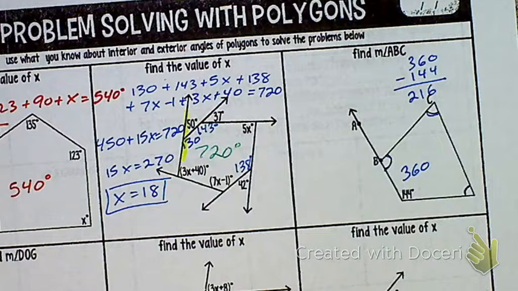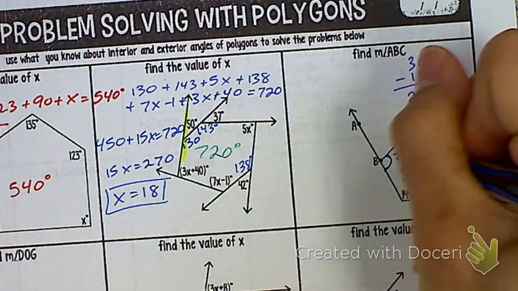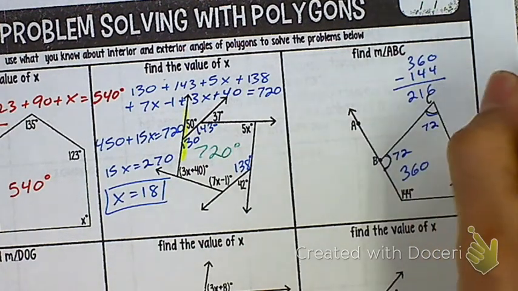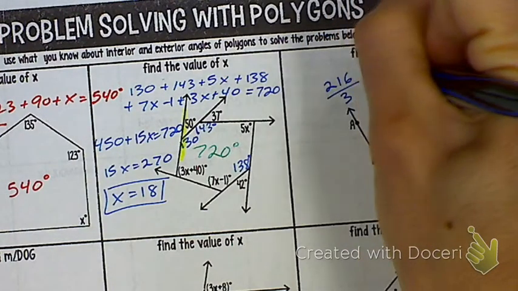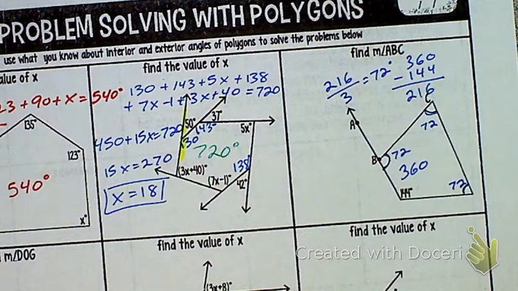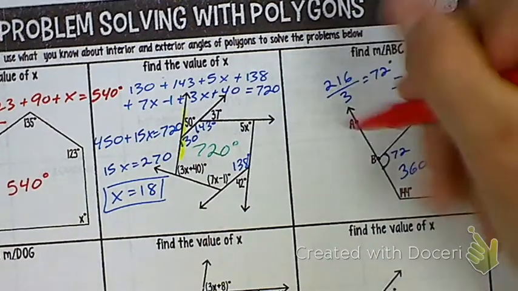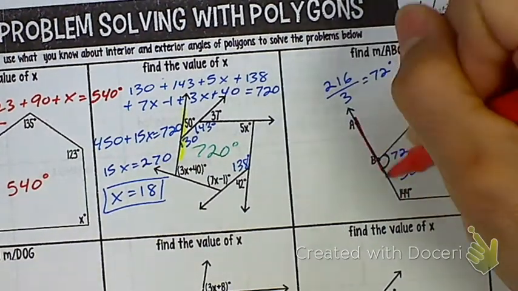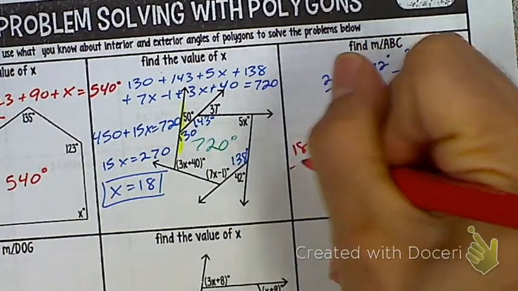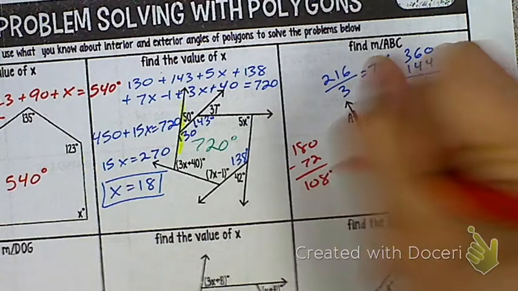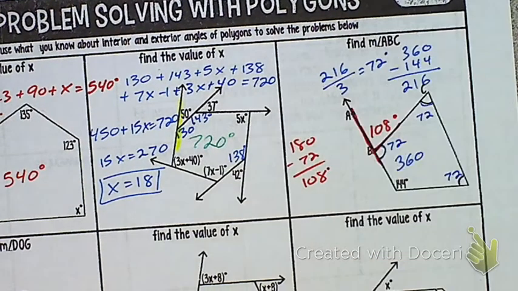How much is each one? 72, because you do 216 divided by 3. And now our goal is to find this one here. So 180 minus 72 is? Good.